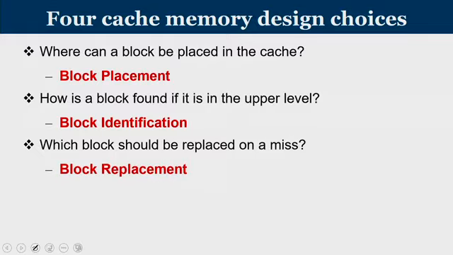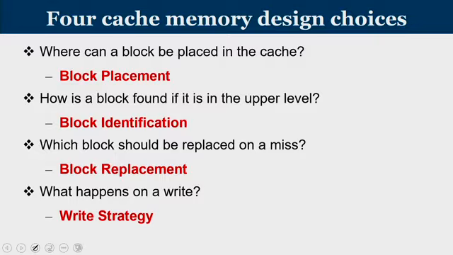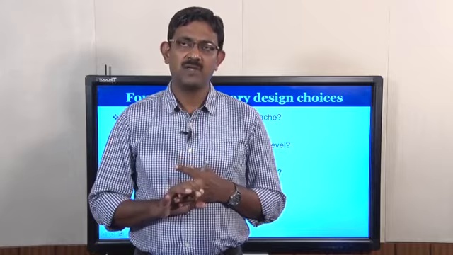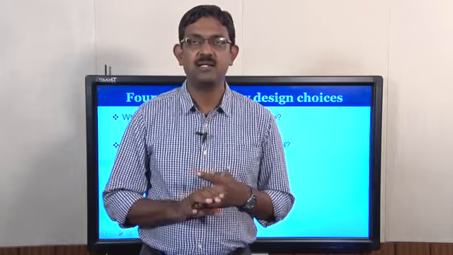That is called the block replacement technique. And then when there is a write miss, what will you do? That is called write strategy. So designing of cache memory involves 4 different challenges: block placement, block identification, block replacement, and write strategy.